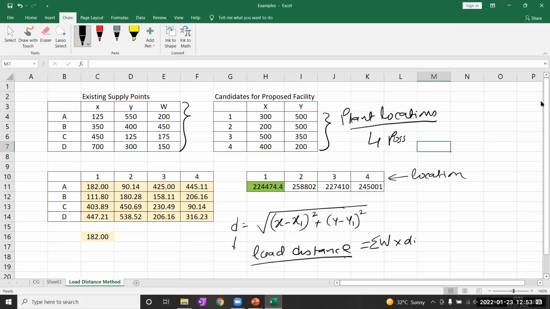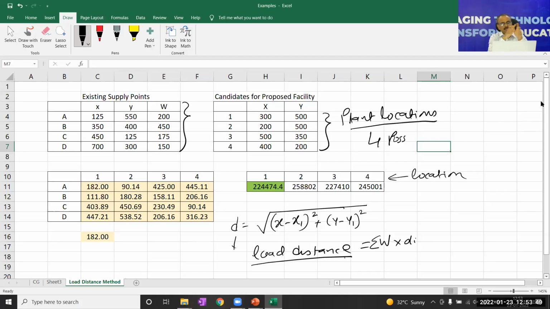Yes, sir, that's correct, sir. So I'm saying that to get the solution fast, we use the center of gravity, and when we get that result, we compare it with the proposed facilities available, to see which is nearest in x and y value. Yeah, you can do that. It's a fast solution.